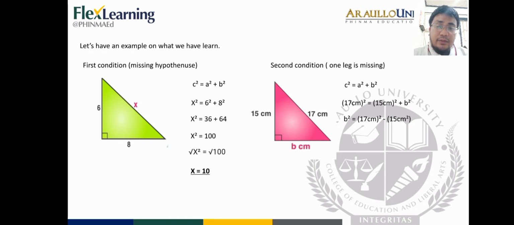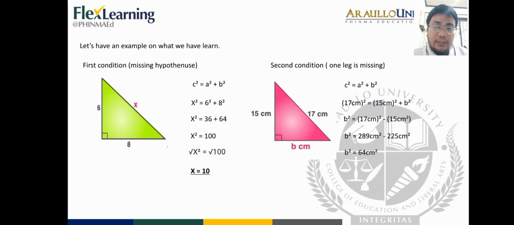So by further elaboration, we will yield 289 centimeters squared minus 225 centimeters squared. And then if we subtract 225 from 289, we will get 64 centimeters squared.